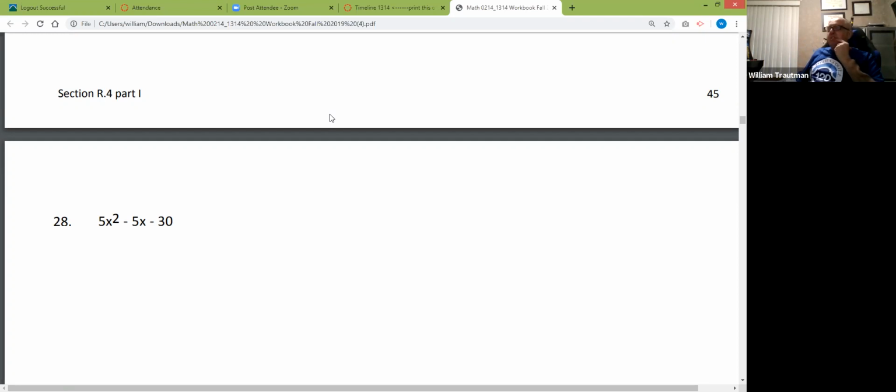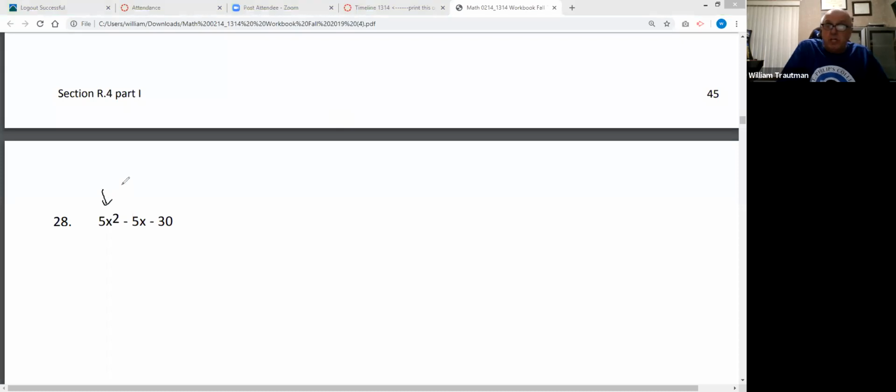Can we use the method we just used to factor this? And the answer to that is no, because we learned how to factor 3 terms when the number in front of x squared is 1. This is 5. So we cannot factor this using the 3-term method when the number in front is not 1.